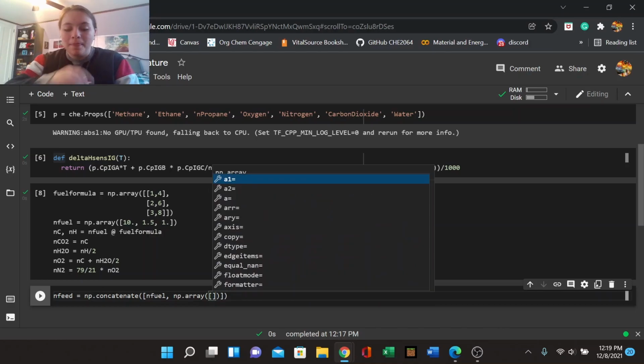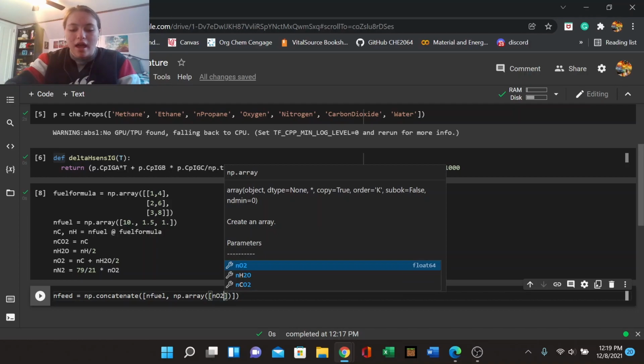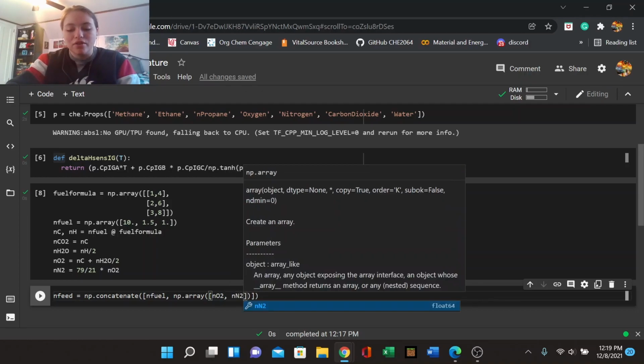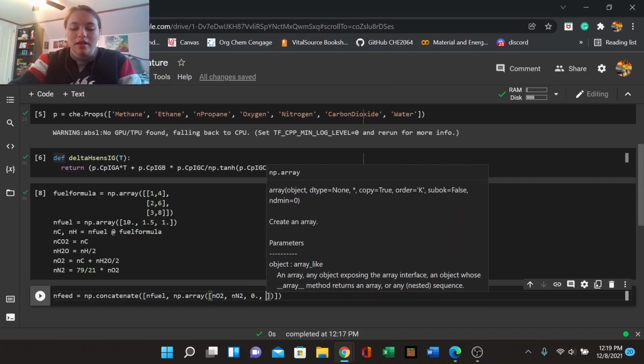We have our moles of oxygen gas, our moles of nitrogen, and then in our beginning, we don't have any moles of carbon dioxide or moles of water. So that's just going to be 0 and 0.